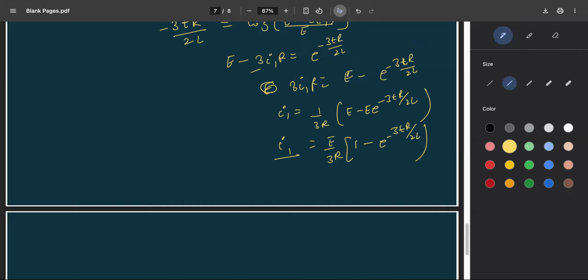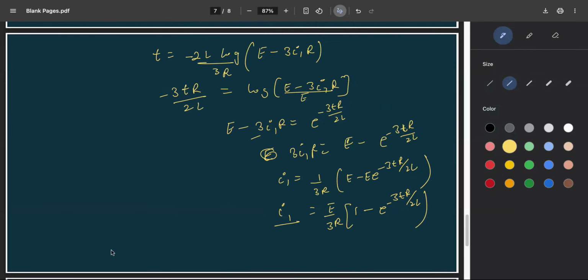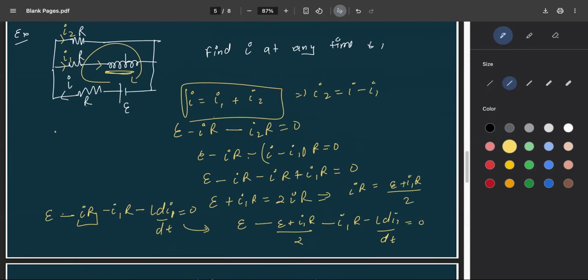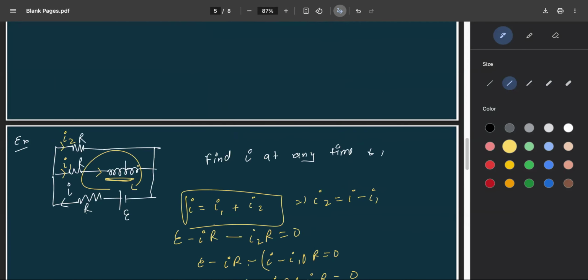Kirtana, can you solve the rest of the two parts? Yeah, look, we have got everything. You know the equation is I is equals to I1 plus I2, right? If you just look at the equation, what happens at the very start?